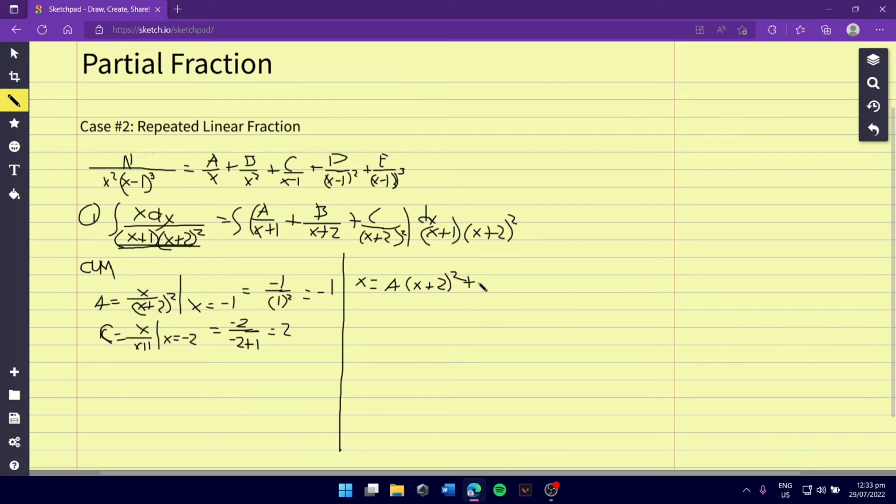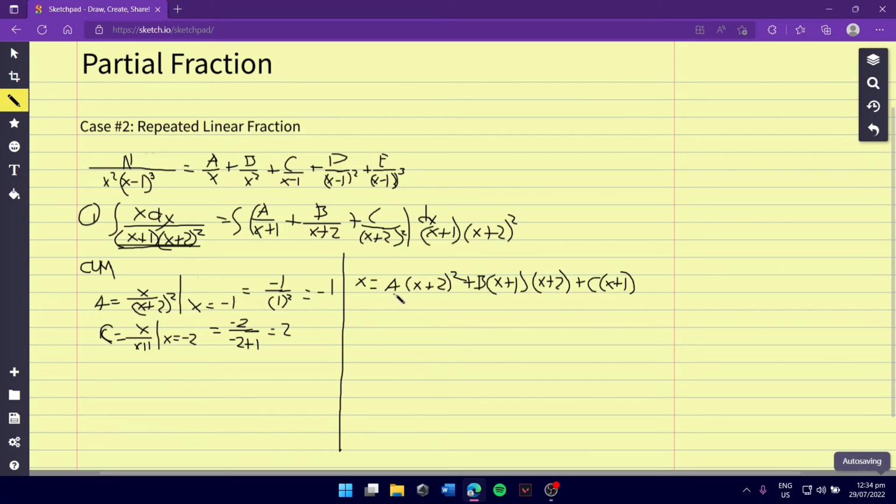And then your B: x plus 1, x plus 2, and x plus 2 here will cancel out. I mean, one x plus 2 will remain, since this is squared. Then your C: this cancels out, so x plus 1 will be left.